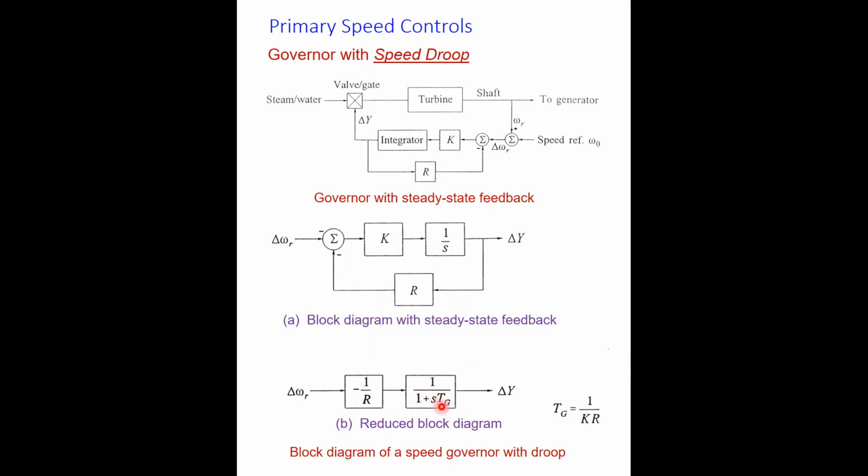So it is 1 by 1 plus Tg s here, that is delta omega R here. Now this Tg is 1 by Kr. We have manipulated this and written it as a first order system. So what is Tg? This one. We manipulated this quantity, and we have reduced this block diagram to a series cascade form.